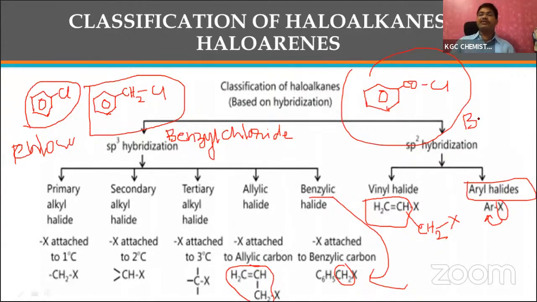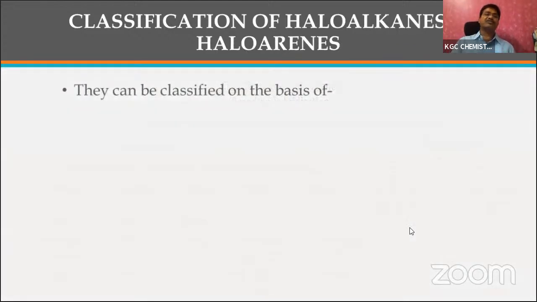See the difference. I want to tell you this difference. This is going to be benzyl chloride, whereas this is benzoyl chloride. So this is chlorobenzene, benzyl chloride, benzoyl chloride. This difference you remember, because most of us get confused between this terminology. That's why I took this.